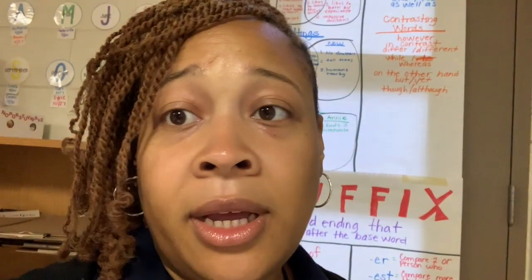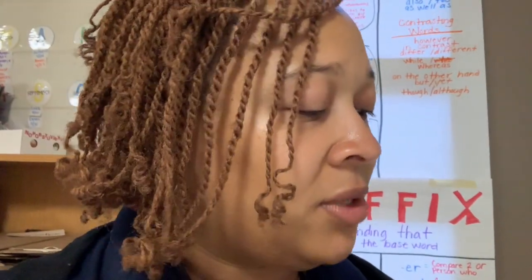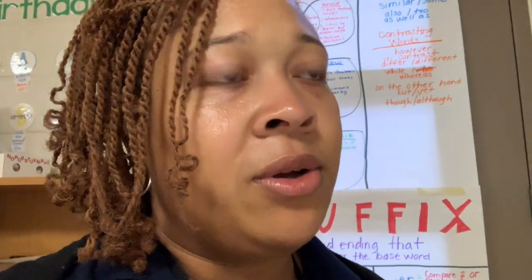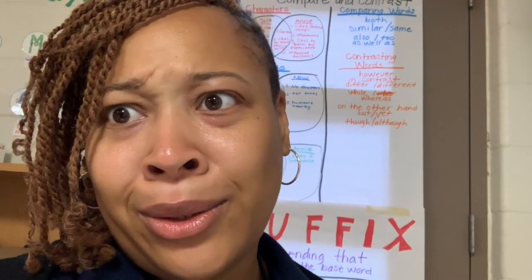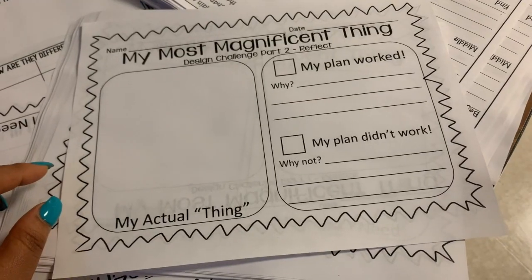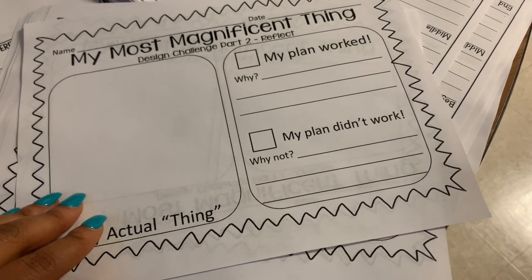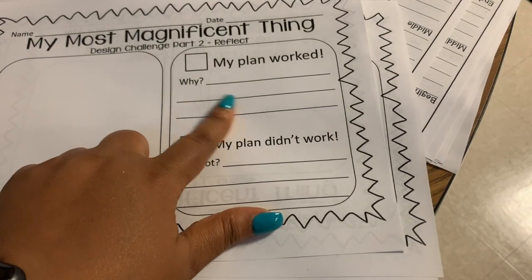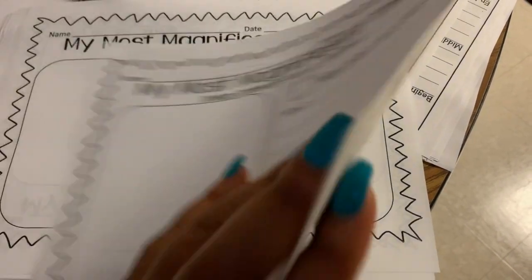But I let them know they can't be asking for all different kinds of crazy materials. Maybe straws, popsicle sticks, glue, stuff we have here. And then they're going to draw it again, and then write down if their plan worked or if it didn't, and everything like that.